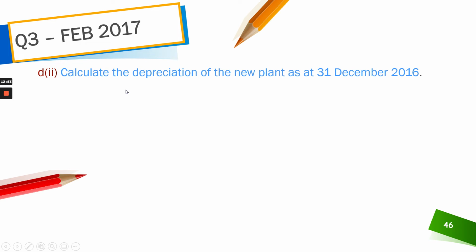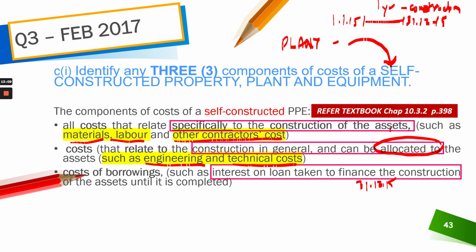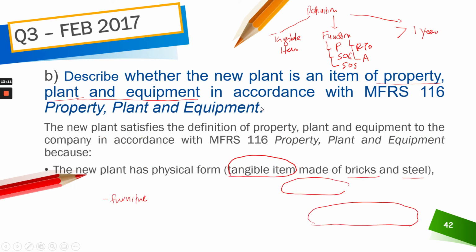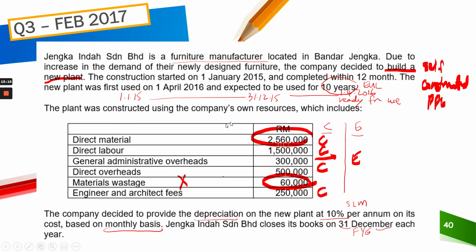So you have already calculated the cost of the plant, that was 4750, multiplied by 10%, and that would be 356,250 multiplied by 9/12. Let's go back and see what you were given earlier in the information. You can see that the construction of the plant was on 1st of April 2016.